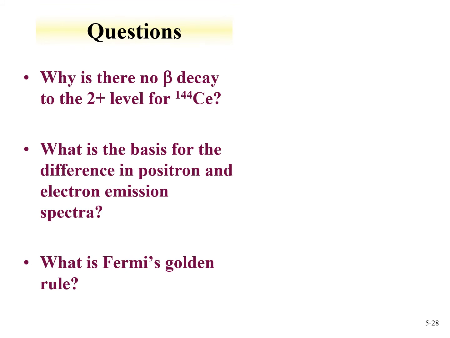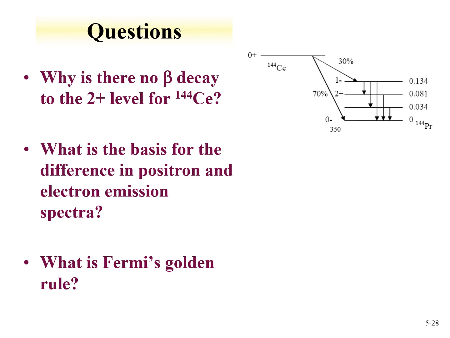Other questions? For example, if we looked at a decay scheme, you should be able to understand why there are certain transitions. As an example, why is there no beta decay to the 2+ level in cerium-144? We see the decay of cerium-144 here. It's an even 0+ state. It goes to either a ground state or an excited state of the daughter.